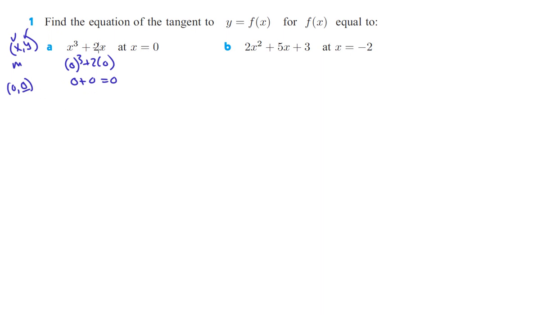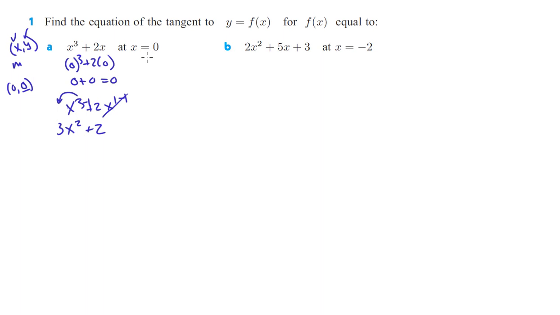To figure out the slope, that's always the derivative. Slope of the tangent, always the derivative, right? So we take x cubed plus 2x, and now we're going to do the derivative, so that's 3x, subtract 1 from the 3, and that's x squared, plus, and then we've got a 1 here, 1 times 2 is 2, subtract 1 from that, and then that x turns into just 1, so there's our derivative.